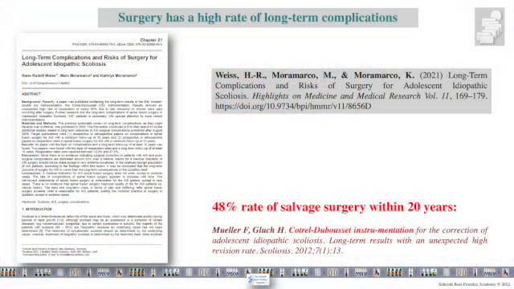The reviews on the complications of scoliosis surgery also demonstrate a high rate of long-term complications. In one study, within 5 to 20 years postoperatively, the implant was removed due to complications in 48% of patients treated with the CD instrumentation.